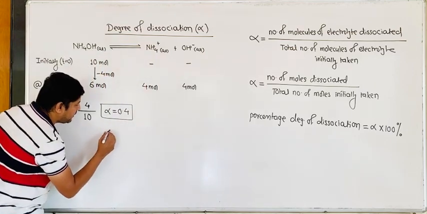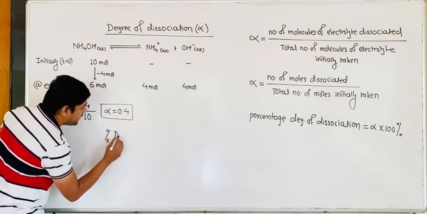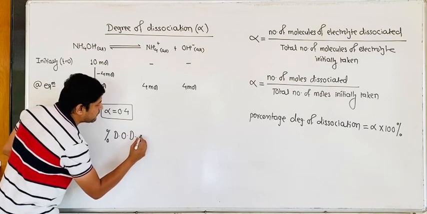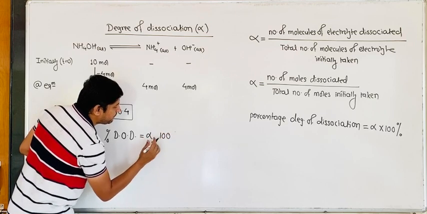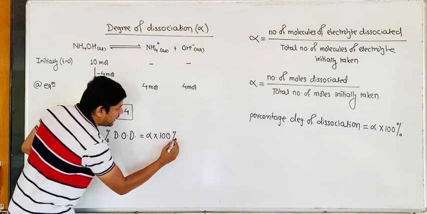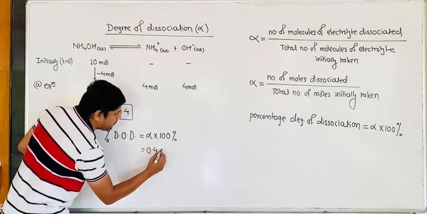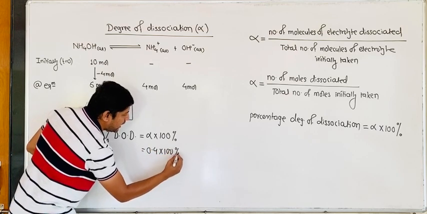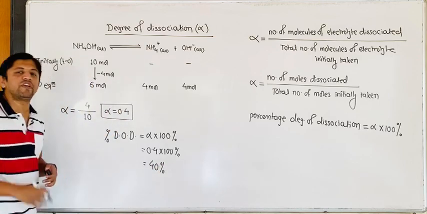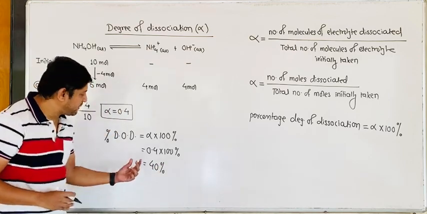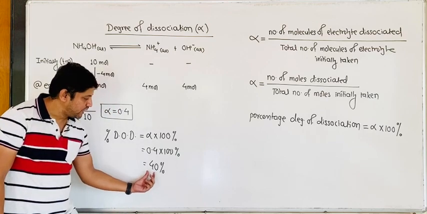So we can write percentage degree of dissociation is equal to alpha into 100%. Alpha is 0.4 into 100%, that means 40% of NH4OH is dissociated. So it represents extent of dissociation.